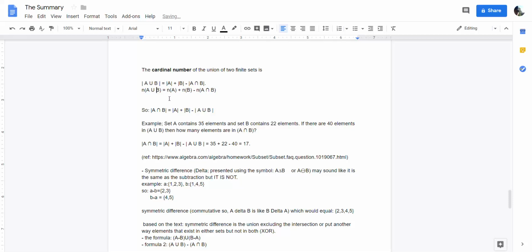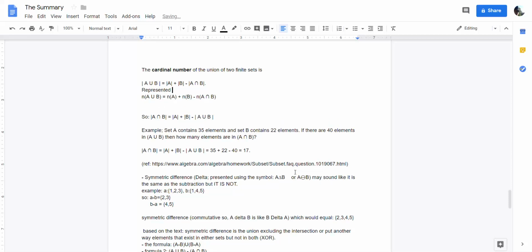This is the way you would want to do it. If you do the normal mathematical operations on this, you would move the union to the other side and the intersection to the left-hand side, and then you end up with the number of elements on the left-hand side.